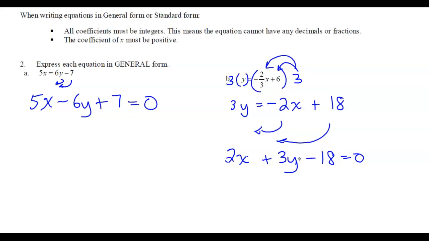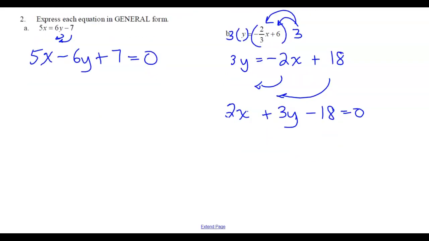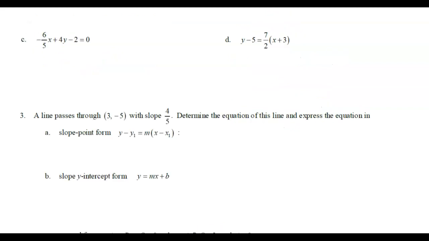Okay, turn to the next page or the next side. Notice how this one is not in any proper form. It's got all the terms on one side, but it's got fractions. And it's got a negative x term.